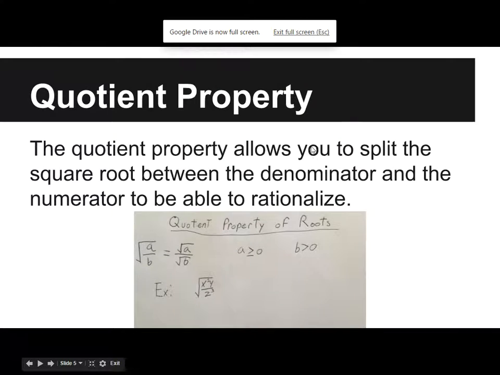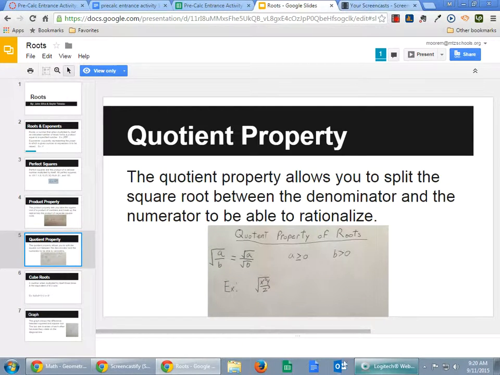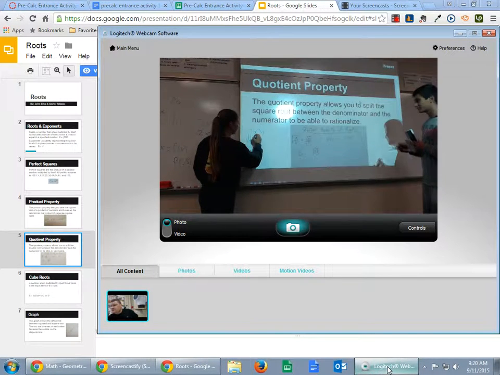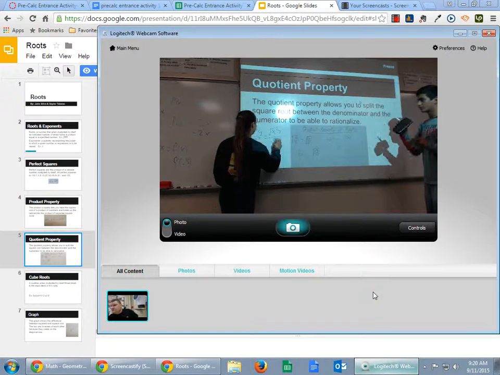An example would be the square root of x squared y divided by z to the third, which you could then split up and have the square root on the bottom and the square root on the top.